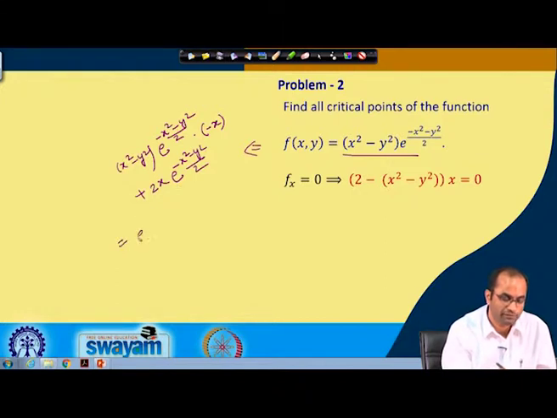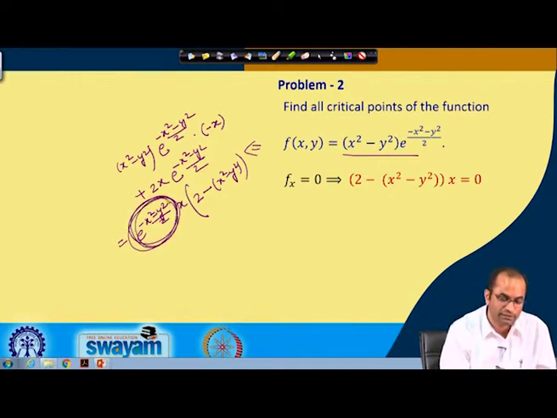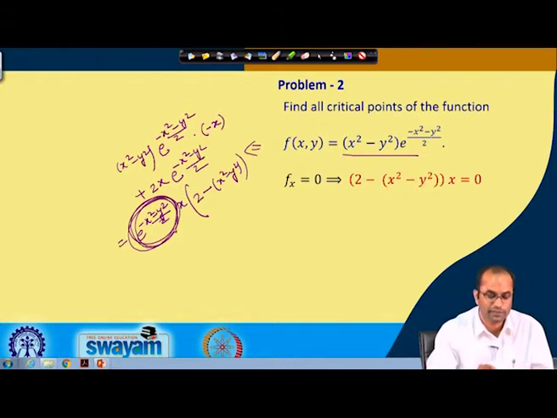If we take this exponential term common, and also we can take this x common, here we will have 2, then here we will have minus x² minus y². And this exponential of minus x² minus y² cannot be 0. So, we will have that this is equal to 0.